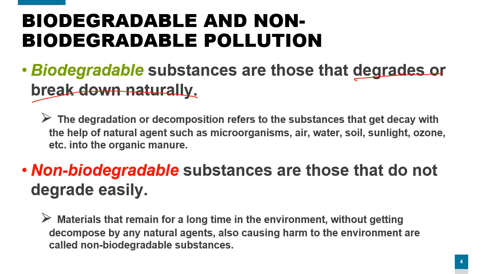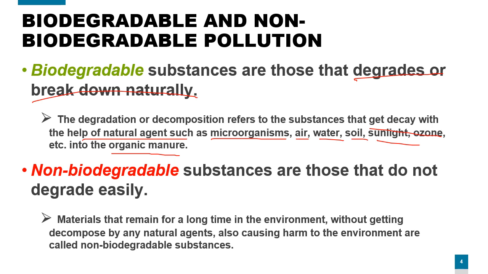Degradation or decomposition refers to substances that decay with the help of natural agents such as microorganisms, air, water, soil, sunlight, and other organic manure. Of course, this turns into organic manure.